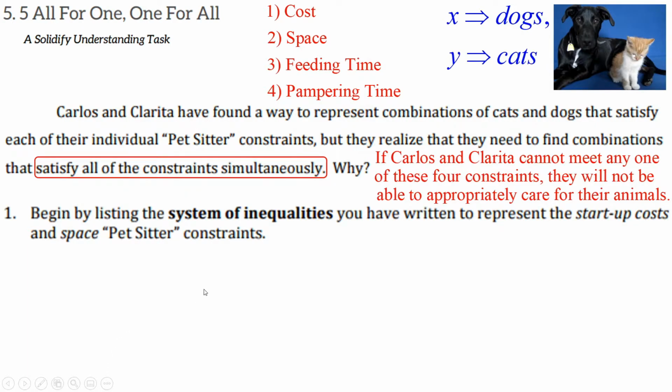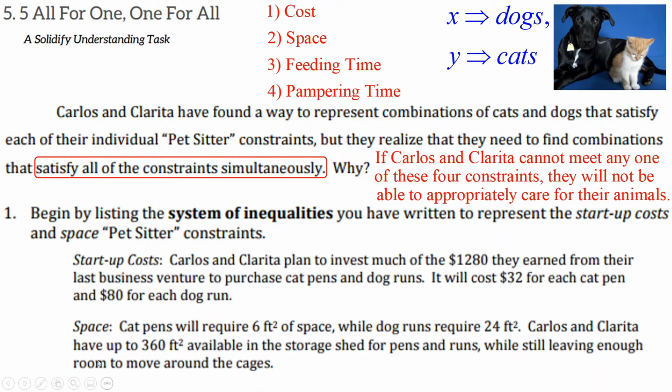Number 1, begin by listing the system of inequalities you have written to represent startup costs and space pet sitter constraints. And today, anything we have that has to do with a dog, we're going to use an x for, and anything that has to do with a cat, we're going to use a y for. And here are the constraints, startup costs and space.